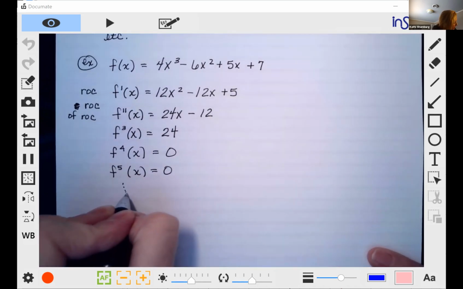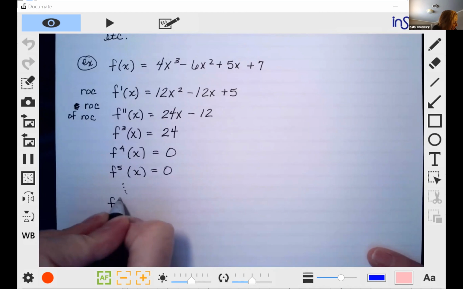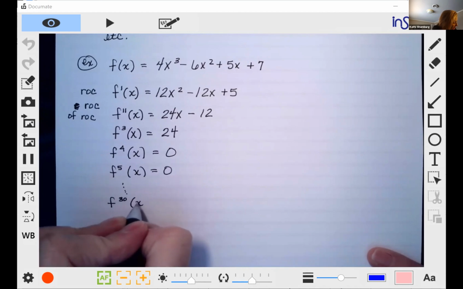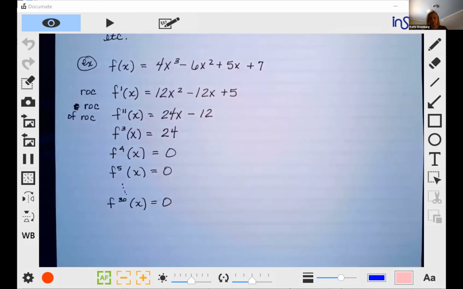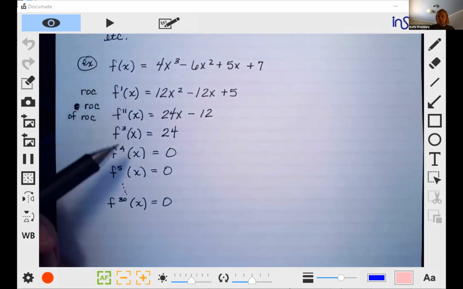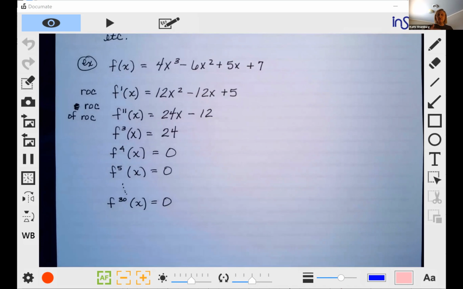So we could keep going until the 30th derivative, but we know from 5 to 30, it's just going to continue to be 0. All right, so that is just how that looks, taking the first, second, third, and so forth derivative.